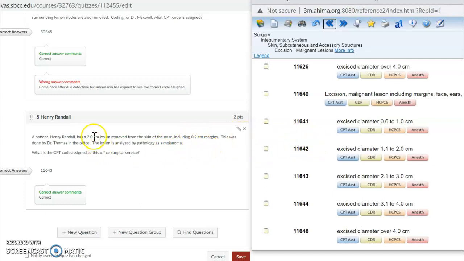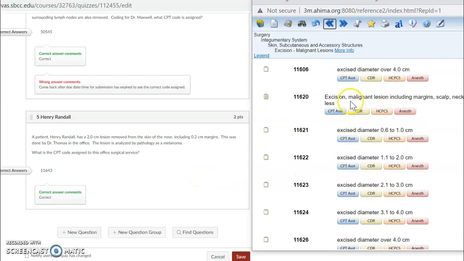So a couple of different things that you have to remember. 2.0, okay, margins, you take it plus 2. So I go 0.2 plus 0.2 centimeters equals 0.4. Then I add that to the 2, so now I have 2.4 centimeters removed.